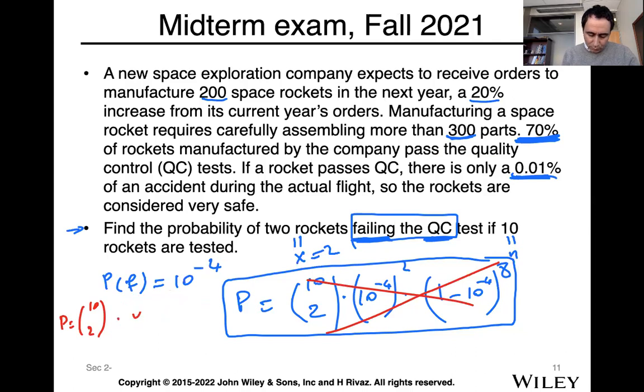Here 0.7 is the probability of passing QC. So the probability of failing QC is 0.3 to the power 2 times 1 minus that, which is 0.7 to the power 8.